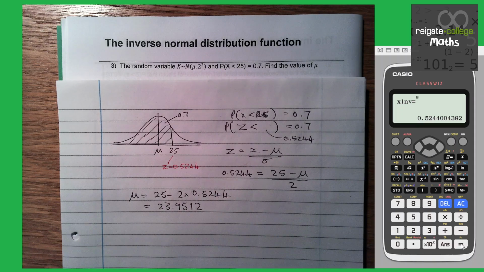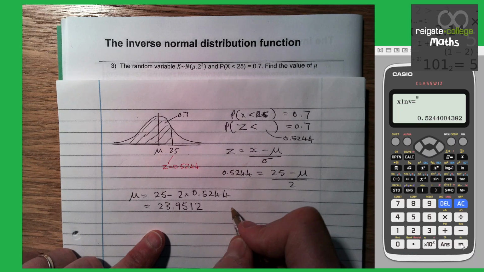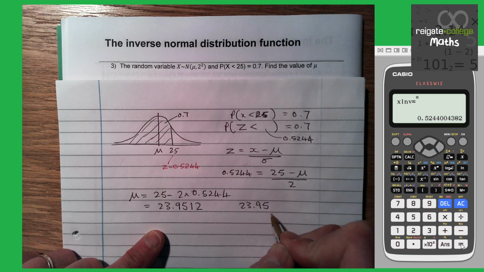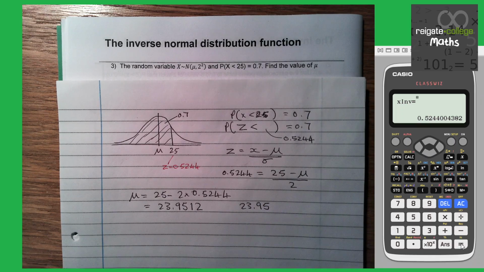That's probably greater accuracy than we want, so let's make it 23.95 to 4 significant figures, or 24.0 to 3 significant figures.